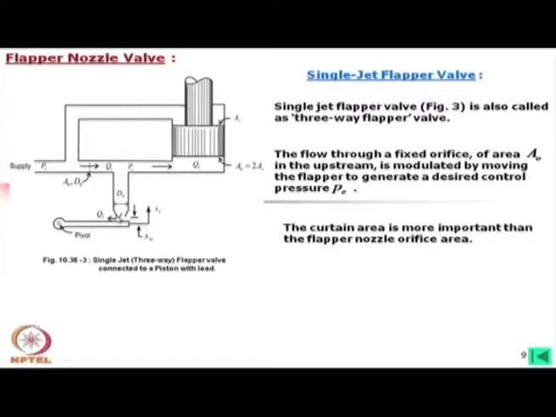The orifice area is this one, and the curtain area is, if I consider this periphery into this depth, say this is initially xf0, this height into the periphery, that means pi times the diameter here times this, that area is more important than the orifice area.